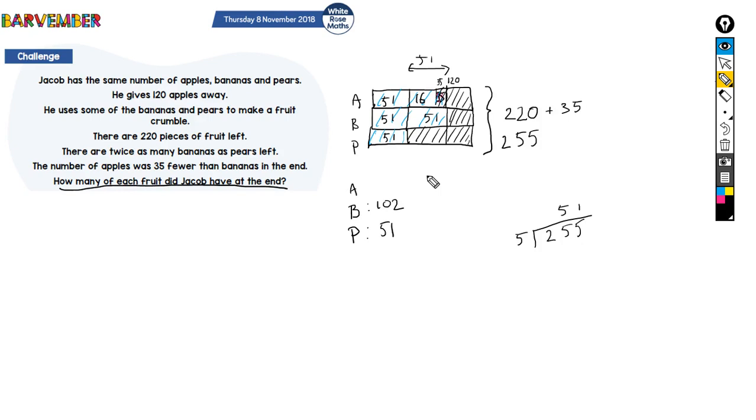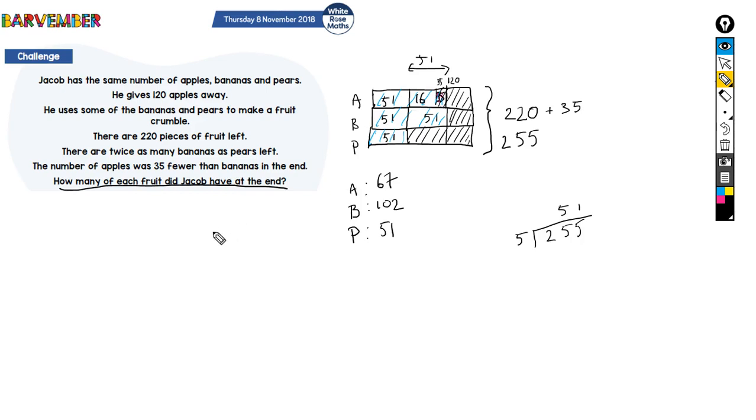And then I suppose I could just subtract those from the 220 to get this answer, but let's have a look. At the end, what did I have? I had 51 plus my 16 there, so we've got 67.